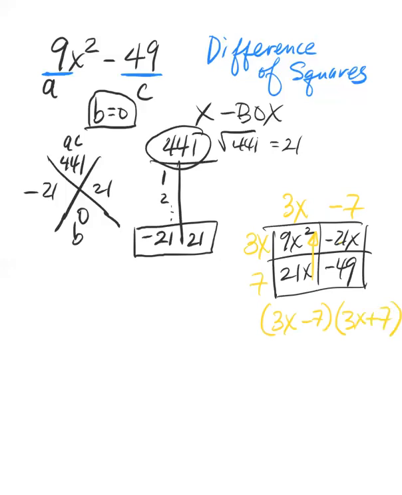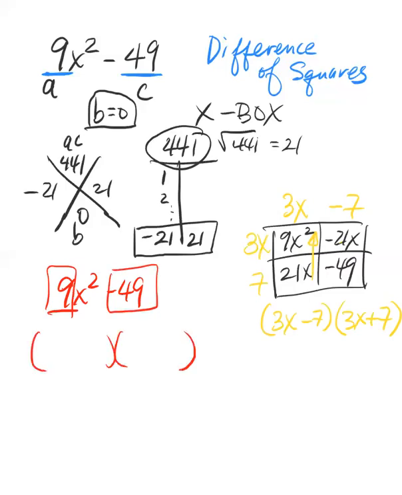Okay, so when we look at the original problem, and this is where you guys need to start to understand and see that this is a difference of squares problem, you recognize that this 9 is a perfect square, so is this 49. The 9, I just take the square root of this 9, it's going to give me this 3x.